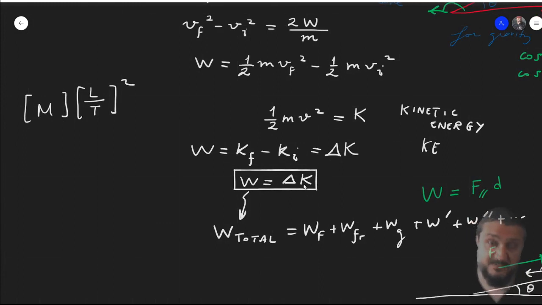It has to be, otherwise it would be wrong, right? Every physics equation should have the same dimensions on right and left hand sides. Also, if you're adding or subtracting two quantities, they should have the same dimension. Remember from chapter 1, dimensional analysis. So it's joules. Kinetic energy is measured in joules, just like work. And the dimension is ml squared over t squared. So that's the work-energy theorem.